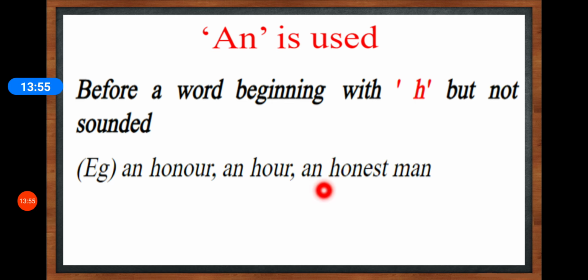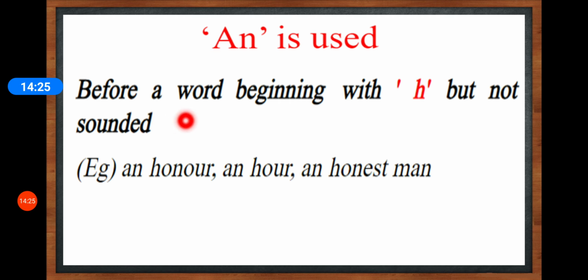Now, it is not pronounced as honest man. It is not honest, although the spelling starts with letter H, but the H is silent. So, it is pronounced as honest. Now, the sound of O is a vowel sound. So, we have used the article an.